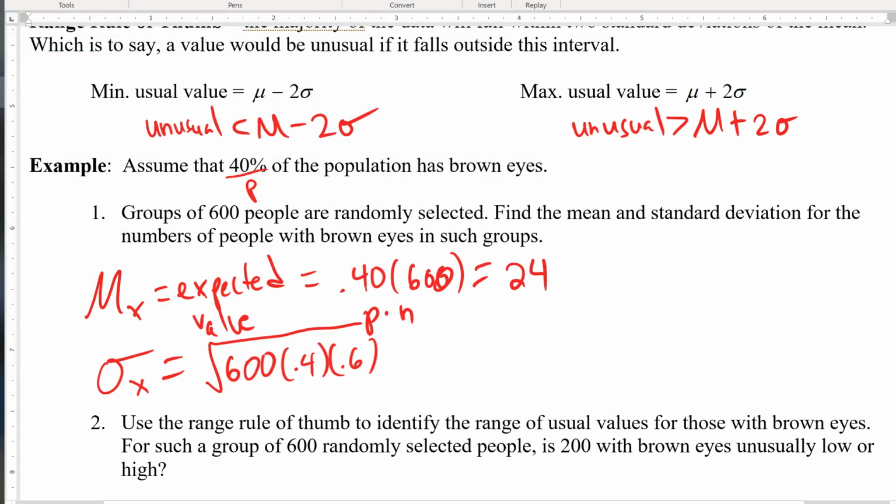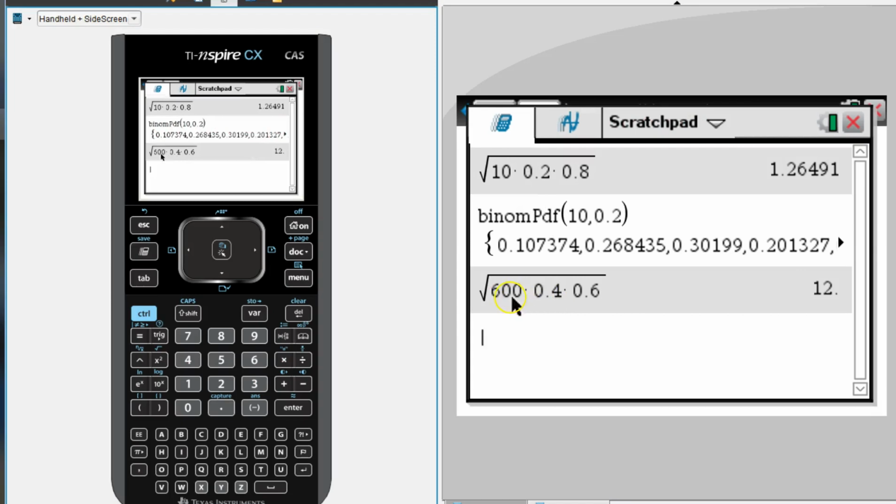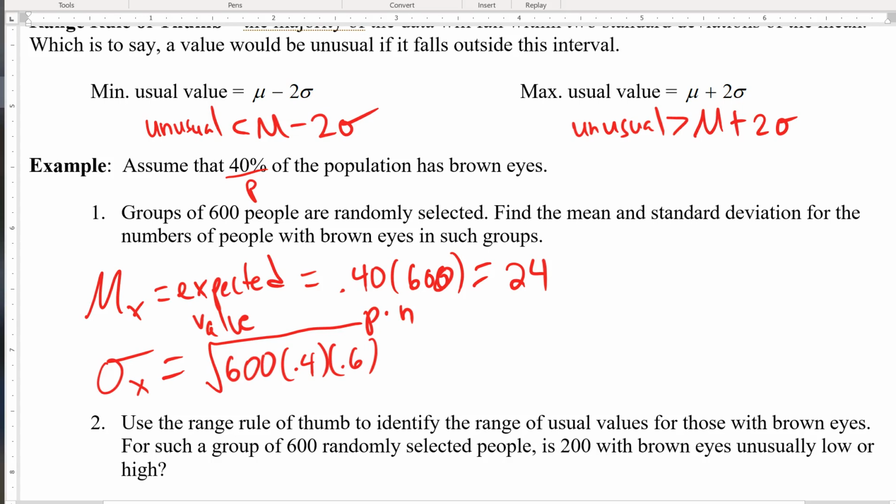Did I do square root on that already? Something seems off for me. Give me a second. That's, wait, yeah, 40. Yeah, see, and I'm hoping some of you are screaming at your calculator because I'm like, that is not right. 0.4 times 600 would be 240, so that's what makes a little more sense. So be careful with that. And then this ends up being the square root of 144, which is just 12, okay? So really just running these formulas in your calculator.